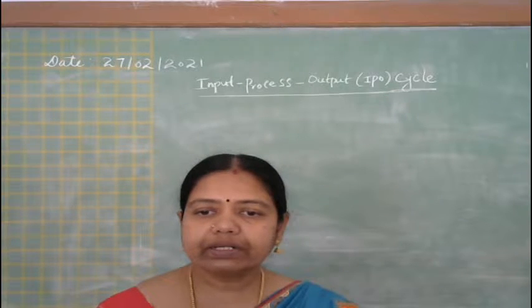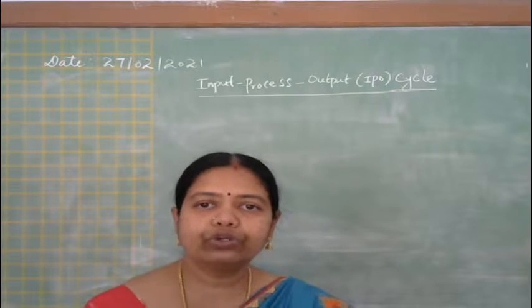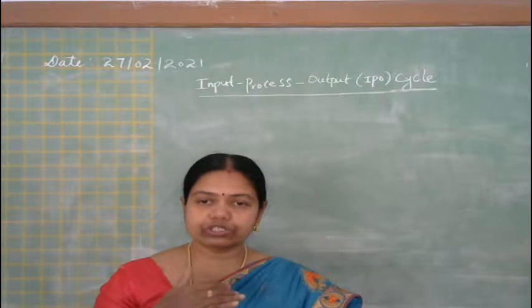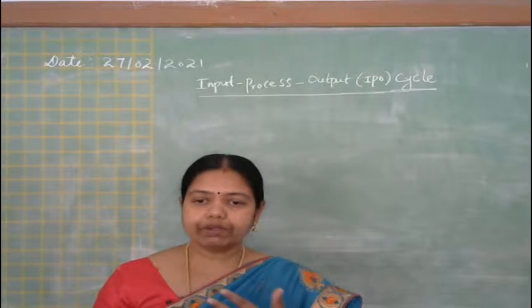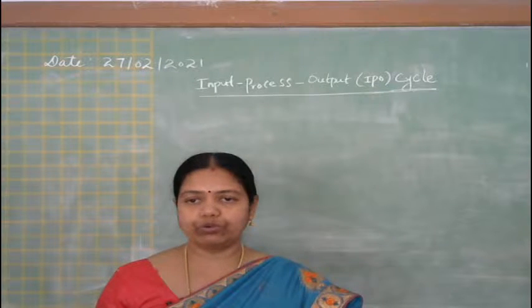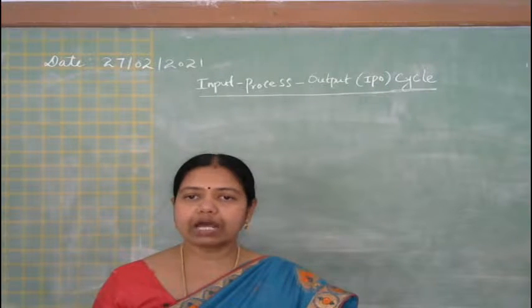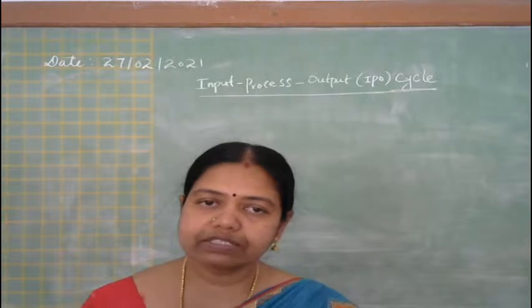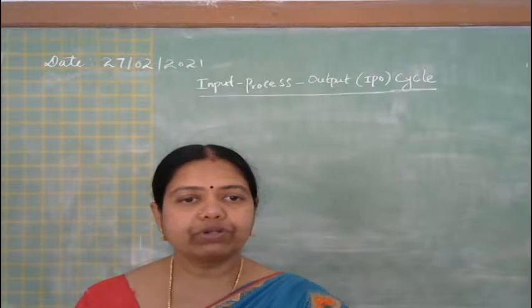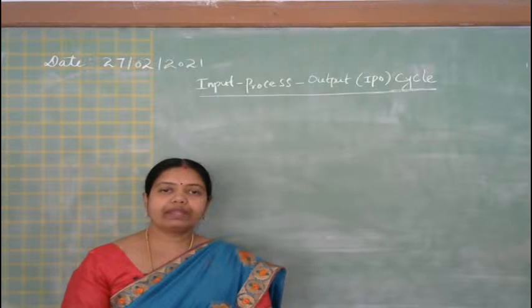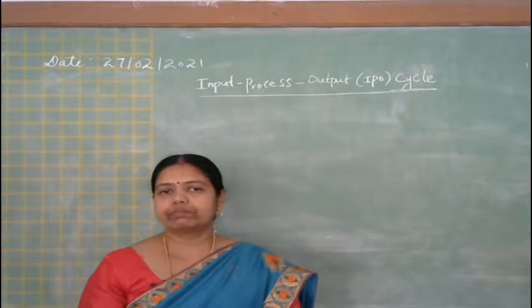Then after reading the input, inside the CPU, it will process and then produce the output, or you can save the processed value on the computer itself. For example, you can write your name.